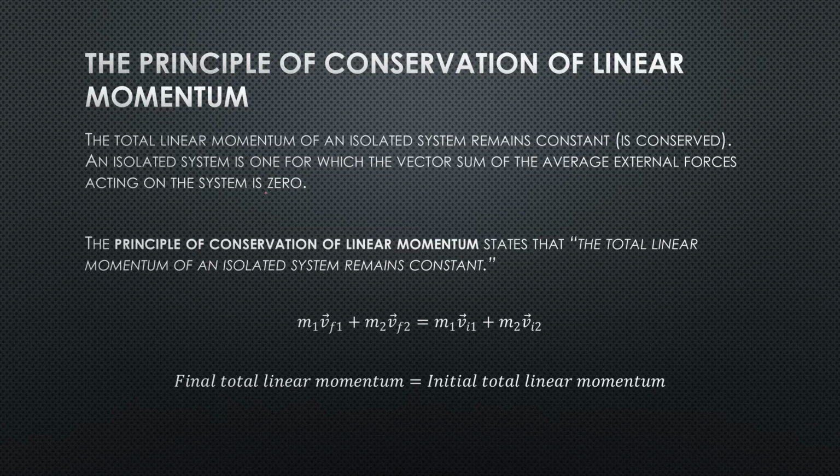That can also be written as you can see here, with final velocity 1, final velocity 2, and initial velocity 2. So we can say that the final total linear momentum is equivalent to the initial total linear momentum.